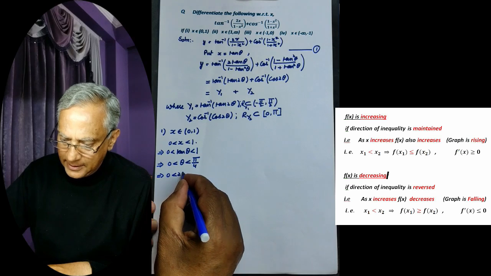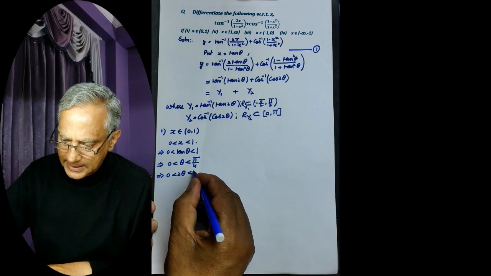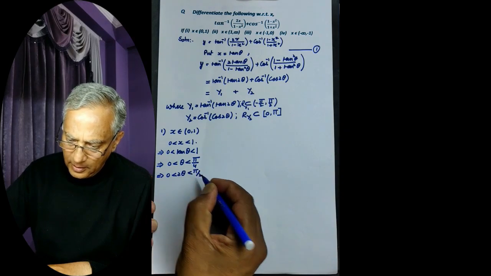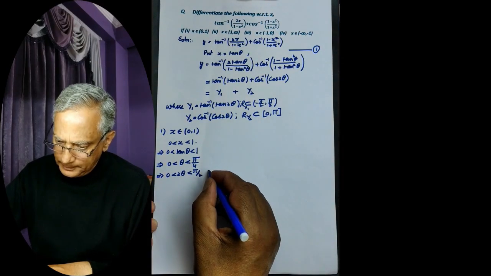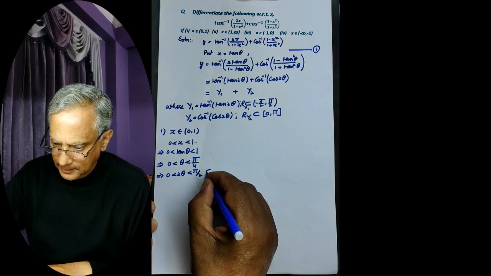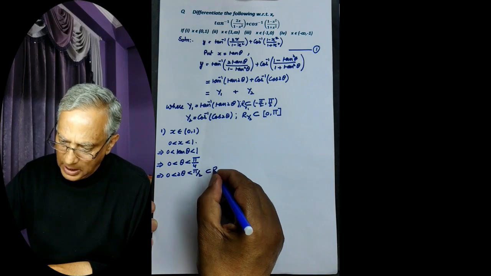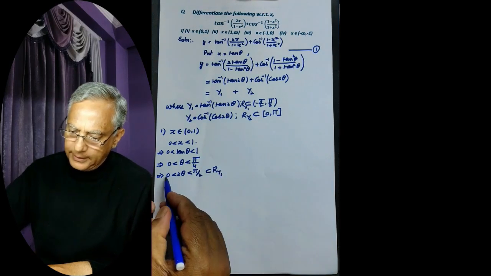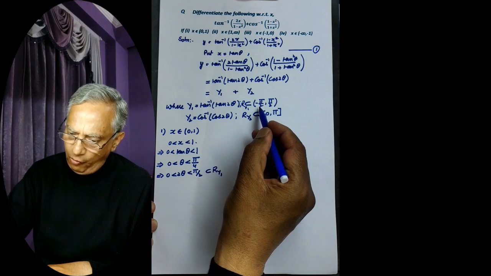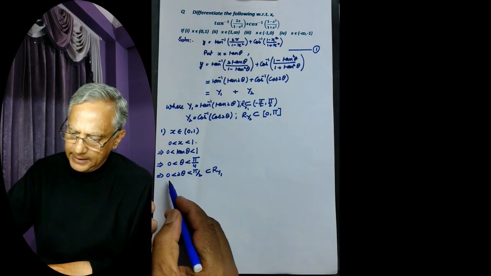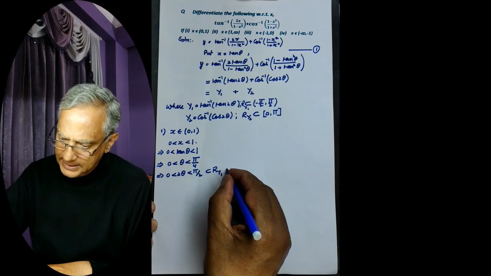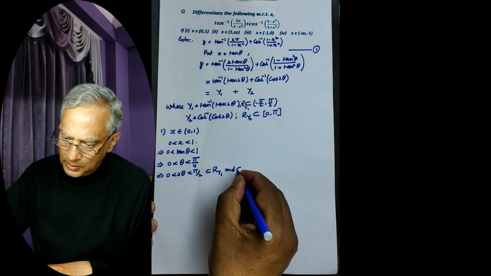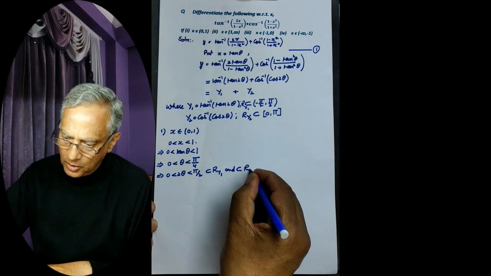So this implies 0 is less than 2 theta is less than pi by 2. And this is a subset of the range of y1, and it is also a subset of the range of y2.